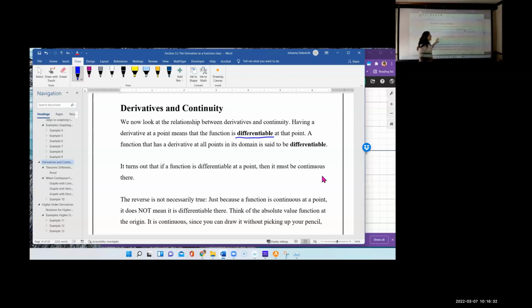Now, it turns out that if the function is differentiable, if the derivative exists, then it has to be continuous there. And remember that continuity means three things. The function exists, the two-sided limit exists, and the function is equal to the two-sided limit. All right? Function exists, the two-sided limit exists, function equals the limit. All right? Okay.